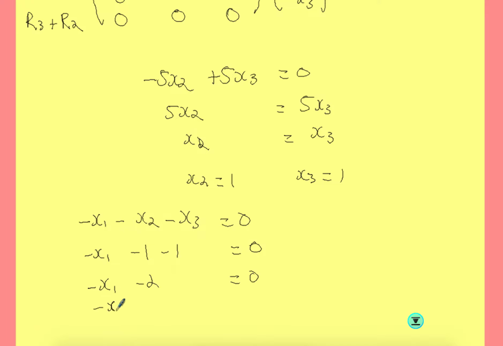So -x1 equals 2, which tells me that x1 is -2. So our eigenvector for lambda equals 2 is t multiplied by -2, 1, 1. There we go. So I hope you're happy with that and you got that answer.